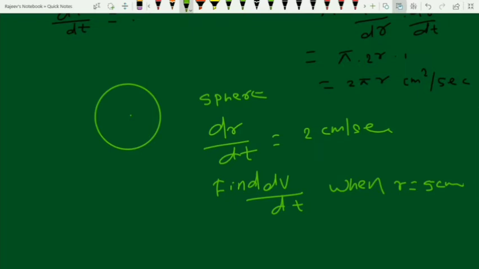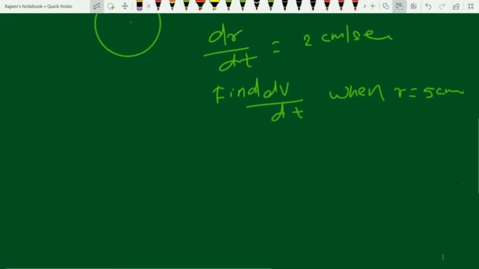The question is how we can find. So simple, first of all try to relate v and r. Whenever you get such kind of question, always try to relate v and r. So we can write v is equal to 4 pi by 3 r cube. Now write dv by dt, differentiating both sides.